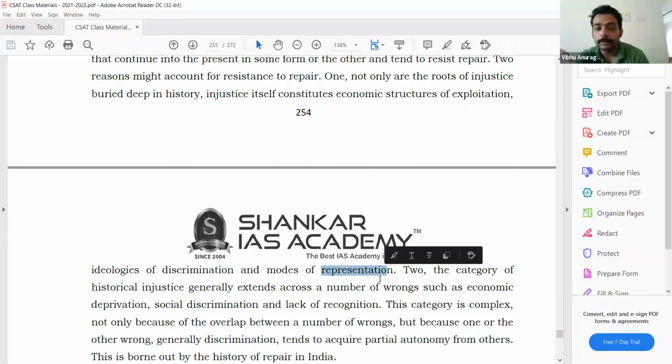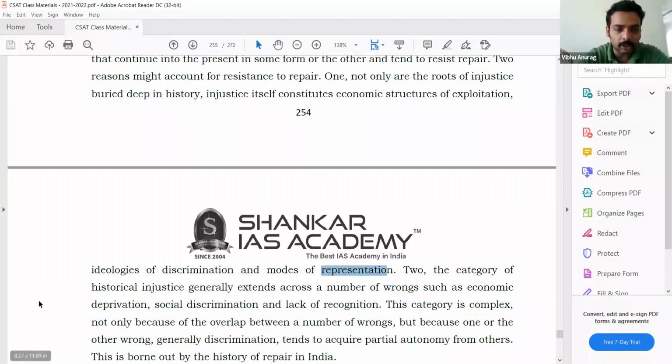And number two, the category of historical injustice generally extends across a number of wrongs, such as economic deprivation, social discrimination, and lack of recognition.